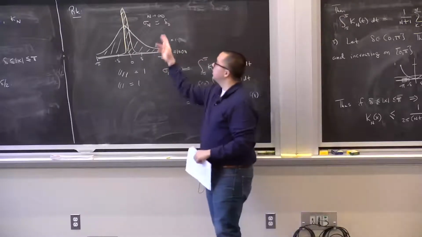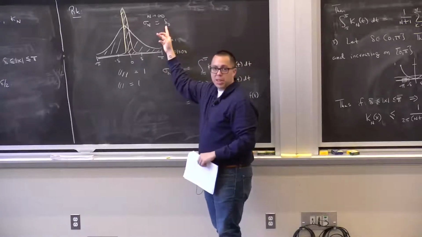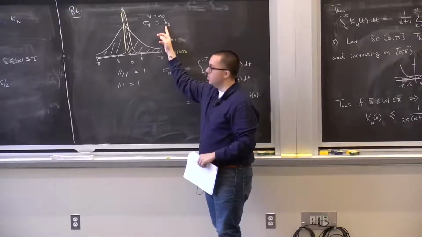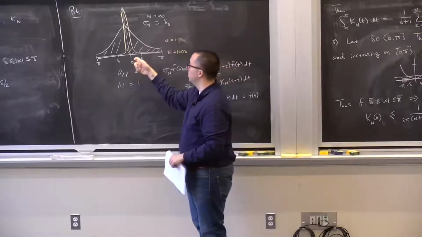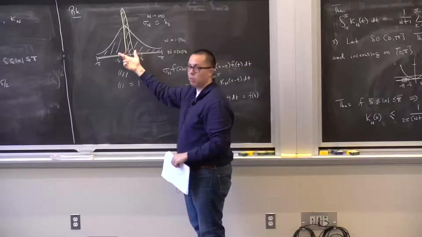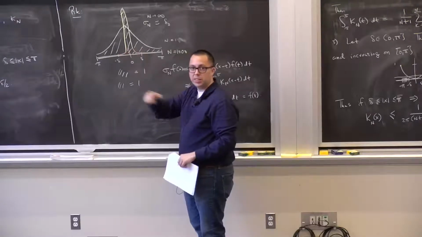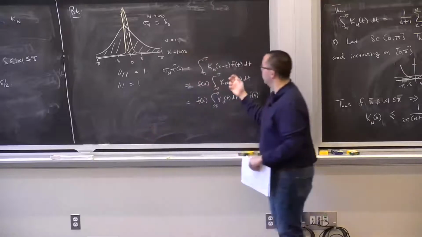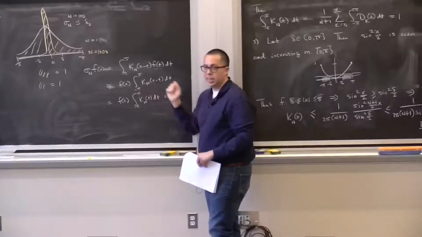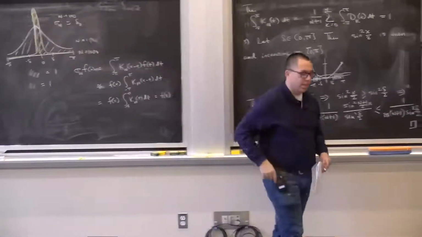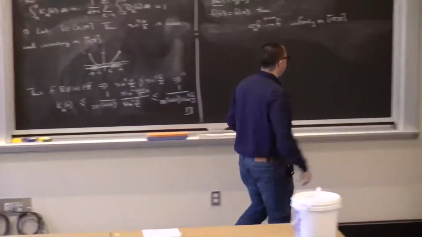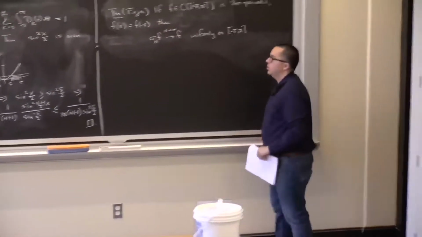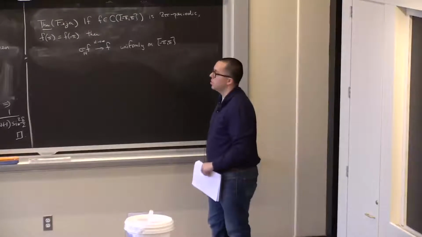The delta function is supposed to have this magical property that it's 0 away from 0, has integral 1, and when you integrate it against a function, you get f evaluated at the origin, which is kind of what we're saying here. That's some more heuristics.